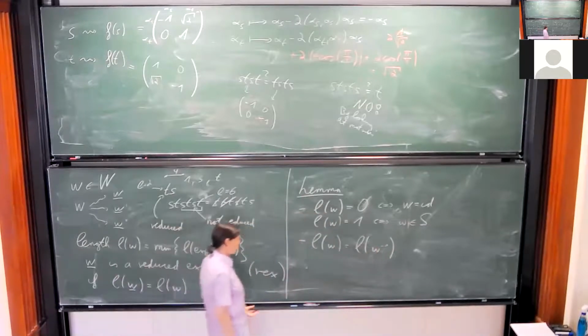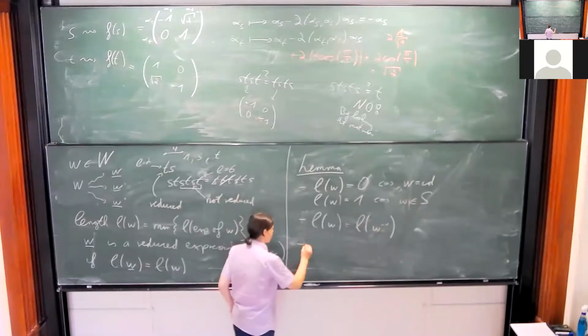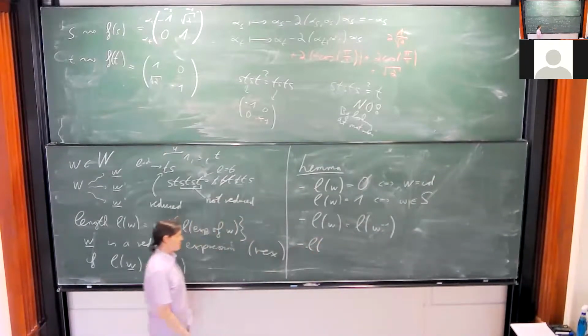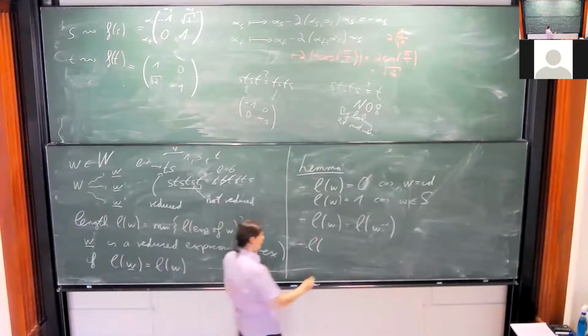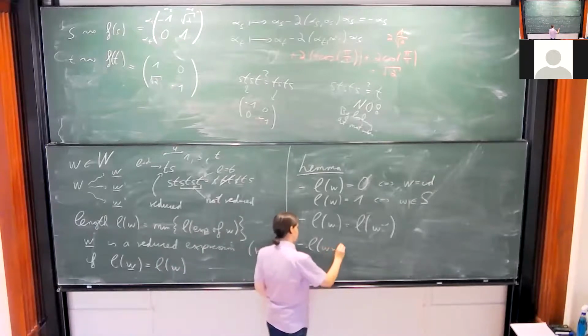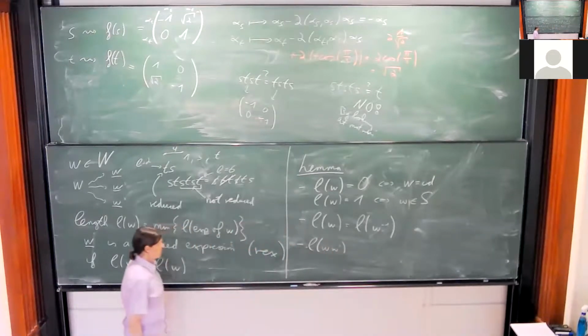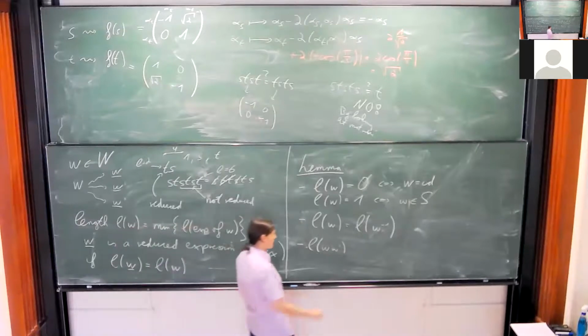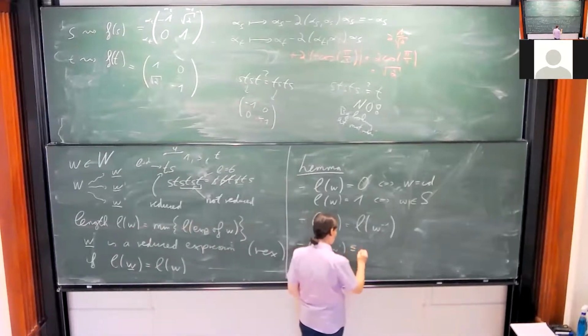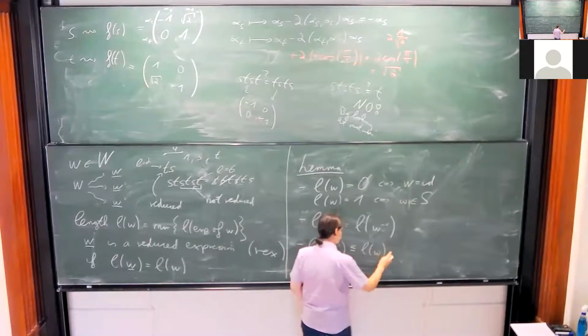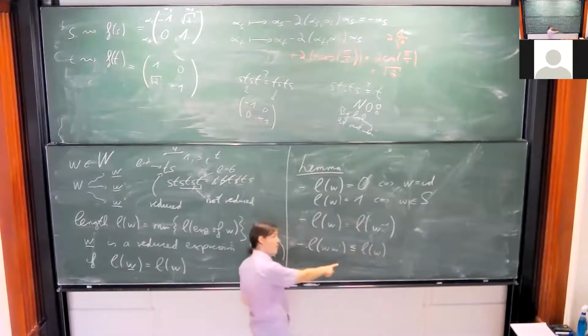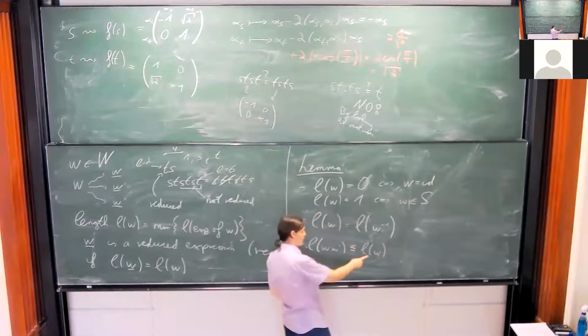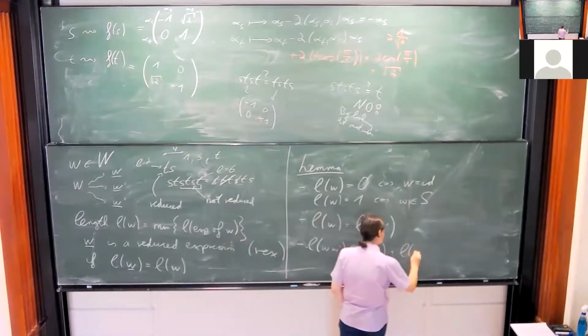A little bit harder to see, not much harder, is this funny property. The length of a composition is smaller than or equal to the sum of the lengths. It's really smaller, so this can be much smaller than the sum of the two.